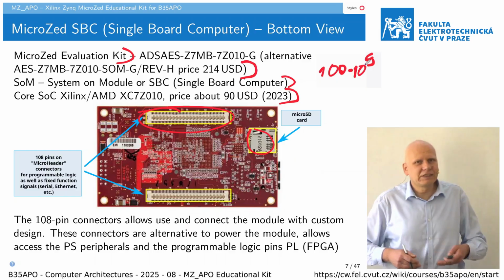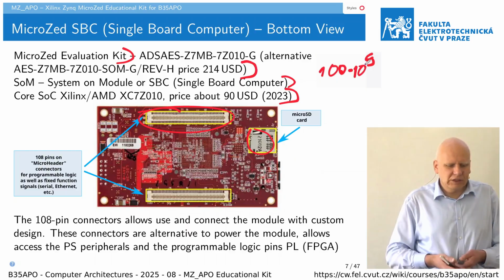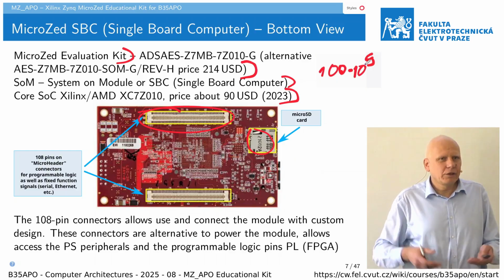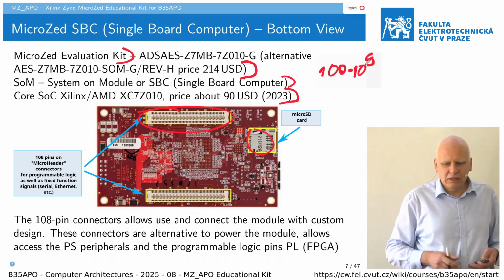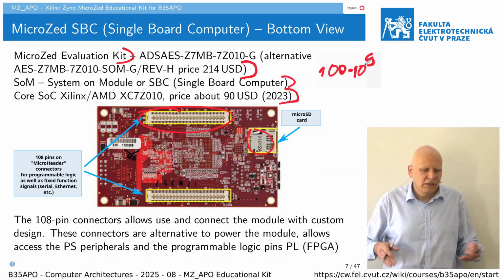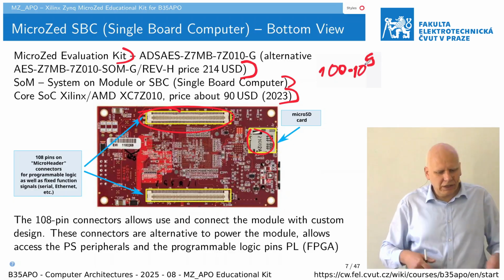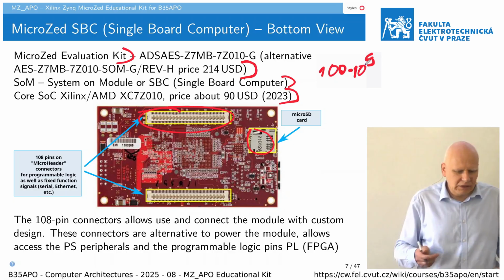But even if this is not enough, then you can use this programmable logic where you have multiple neural network accelerators, digital signal processors, some ARM cores, and you can connect it according to actual needs of your workload.